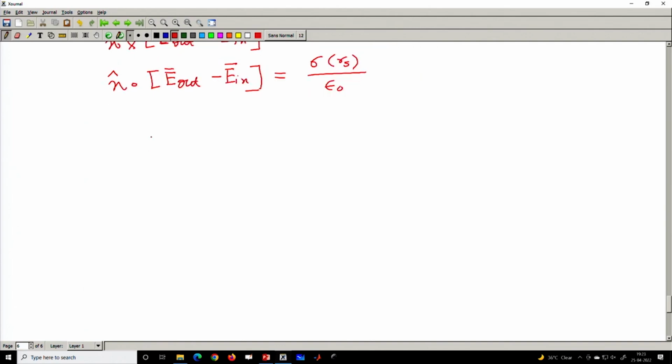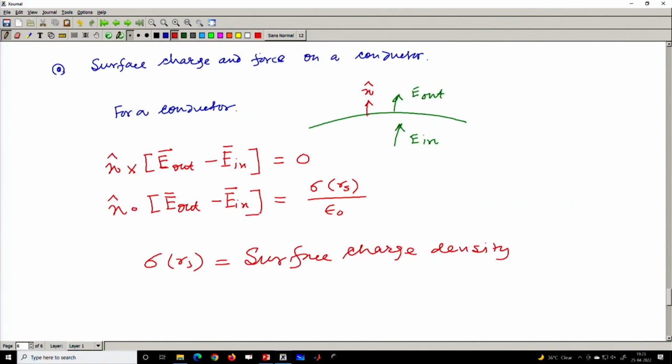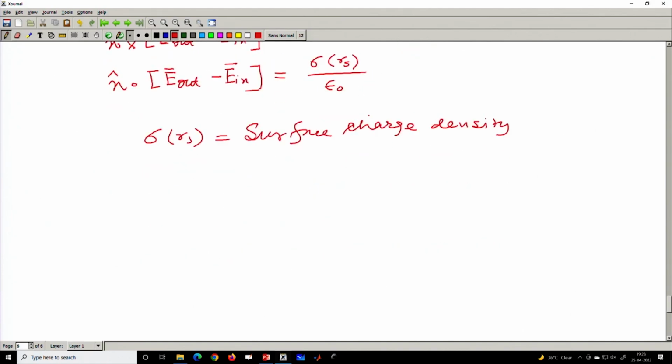Sigma R s, as I mentioned, is the surface charge density, and n is the unit vector along this direction, perpendicular to the surface.